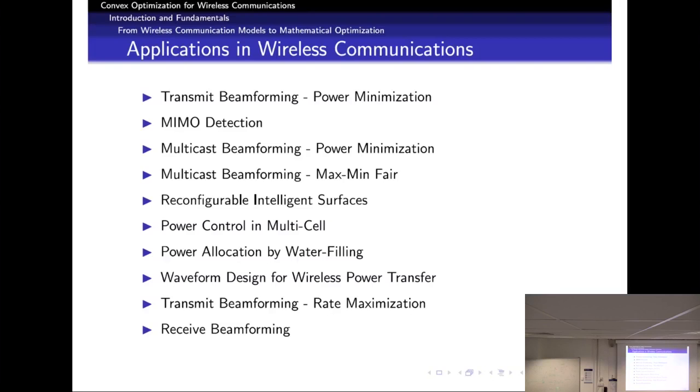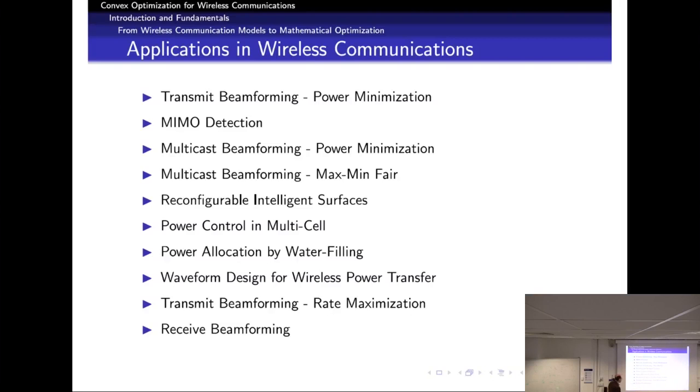There the question is, how do you design the signals or the waveforms at the transmitter in order to maximize the amount of energy that you can deliver at the receiver? This is also the solution of an optimization problem, and we'll see some illustration of that. So far, all those applications use different types of problem formulation and optimization solutions.